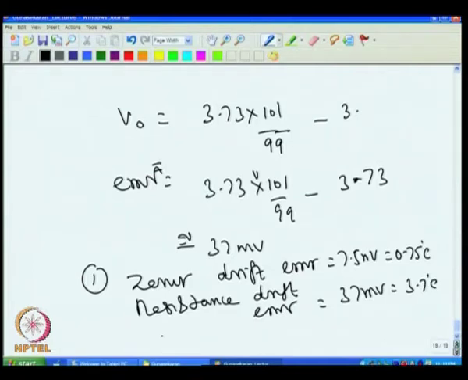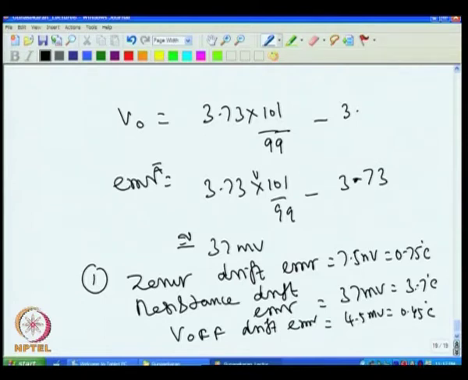And similarly, we calculated offset voltage drift of the op amp, which was 4.5 millivolt, giving 0.45 degree error. You see, the total error already goes to 5 degree.